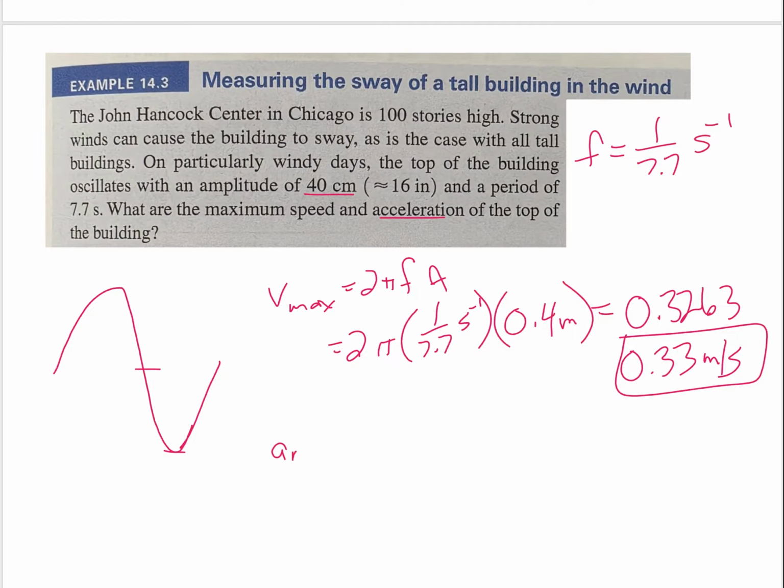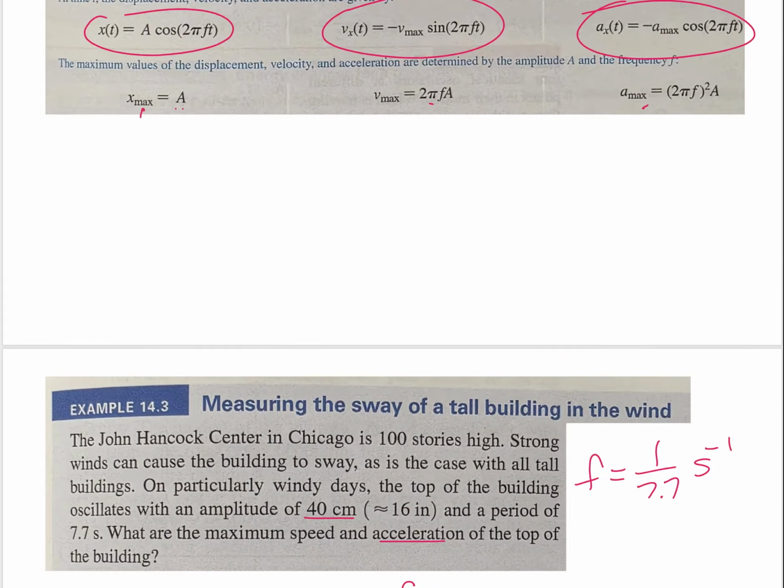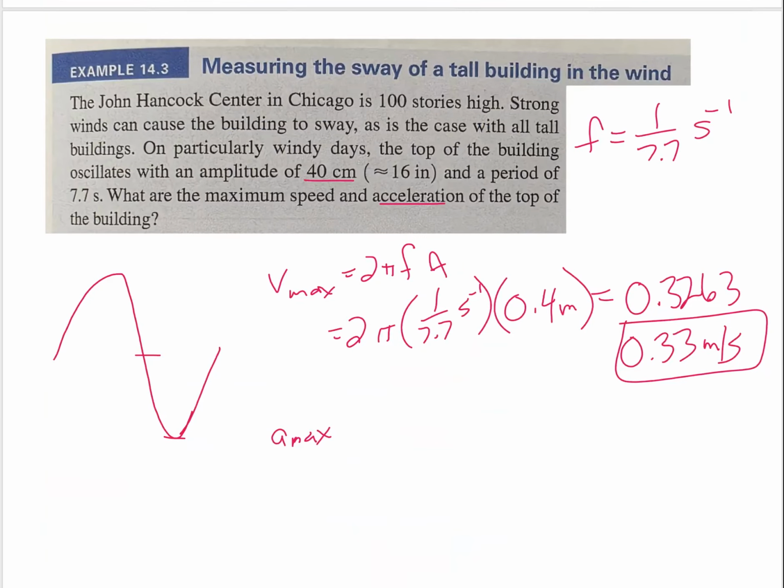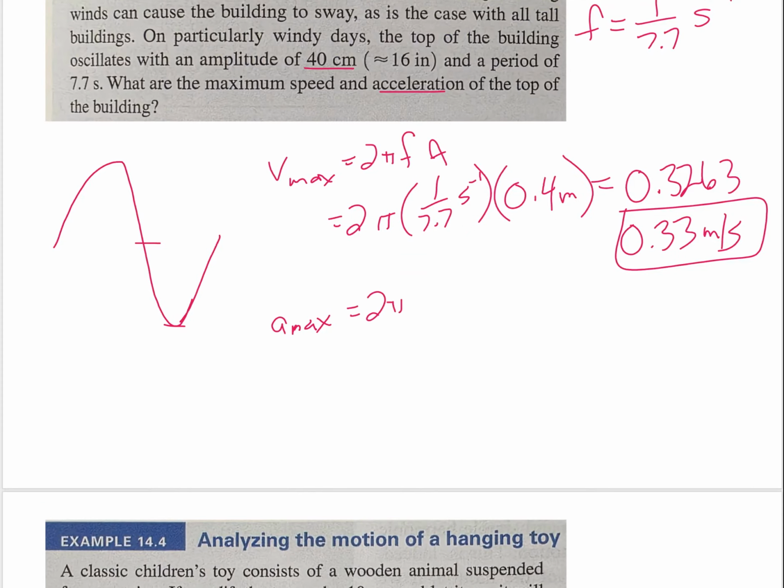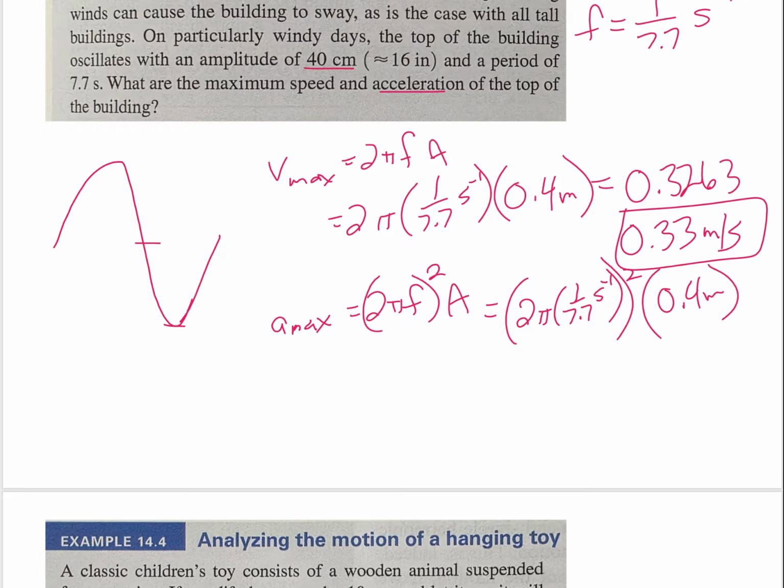So, acceleration max, we go back here, and we have this formula right here: 2 pi f squared A. Okay, so we have 2 times pi times the 1 over 7.7 inverse seconds, this is squared, times the amplitude again, 0.4 meters. 0.266341, blah, blah, blah.